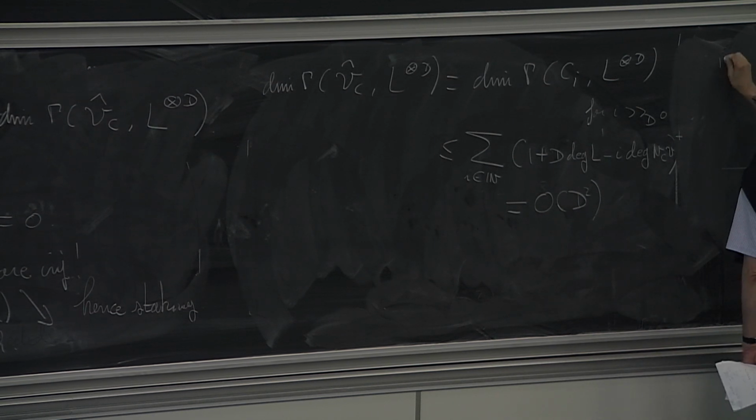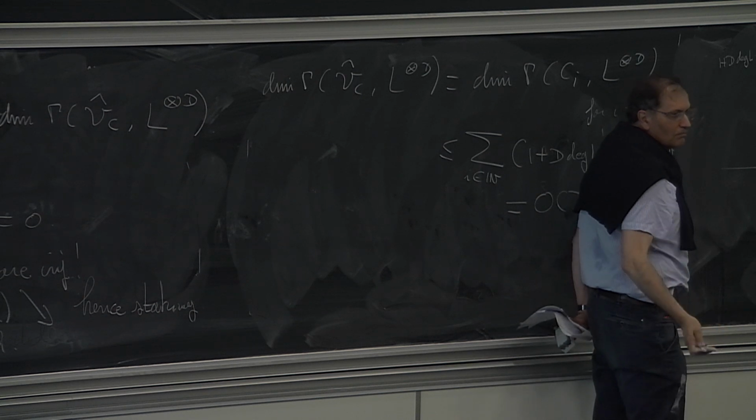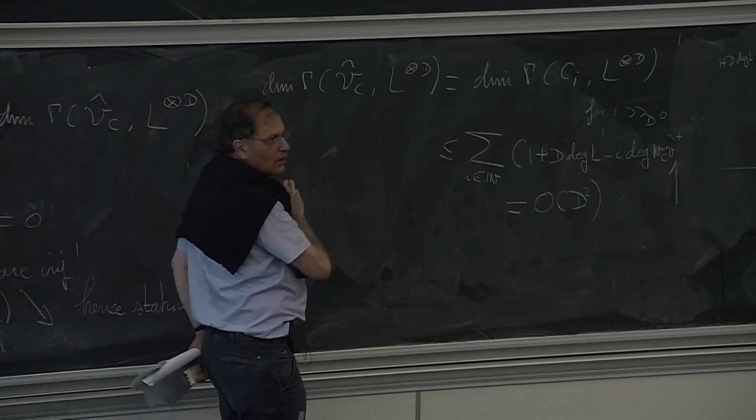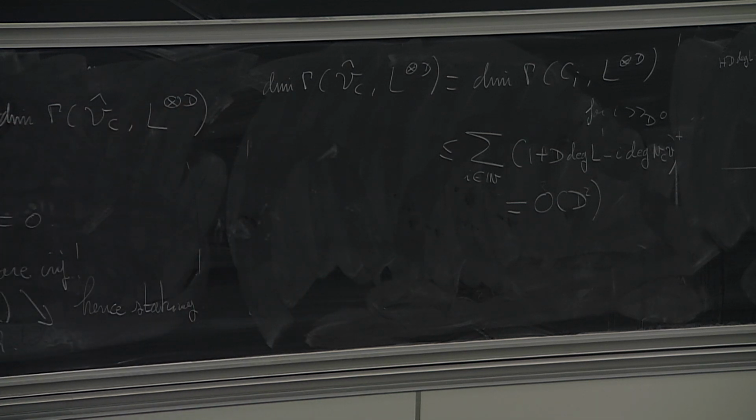It starts at 1 plus D times the degree of L, and then it decreases with a slope minus this degree, and you count the number of integral points inside this. So it's clear that it goes like D squared. Okay. So you are done, provided you have proven these two observations.